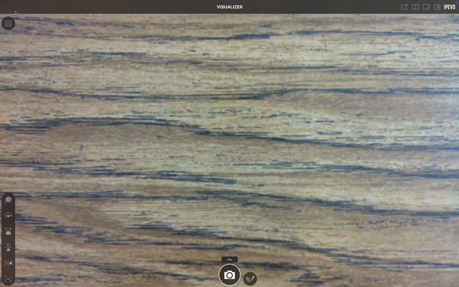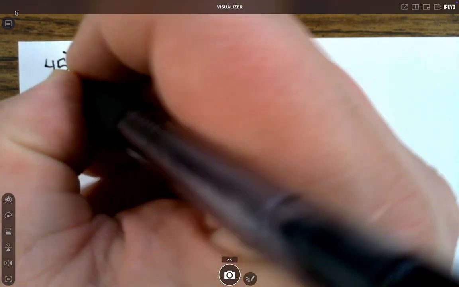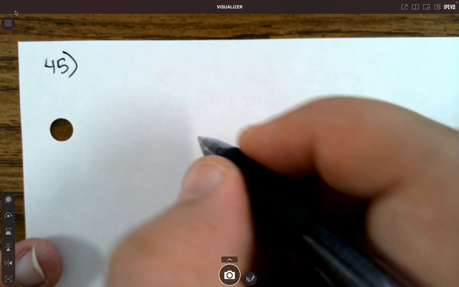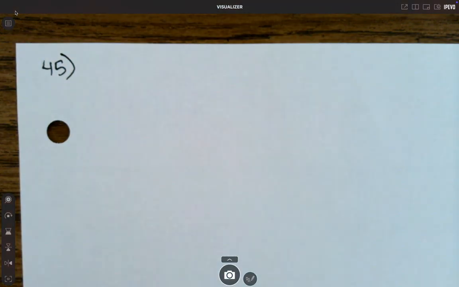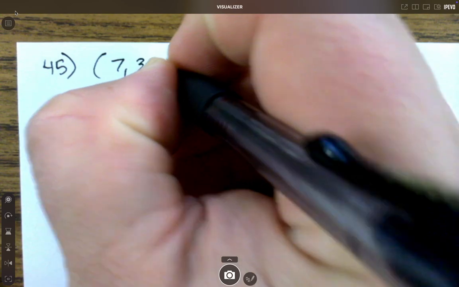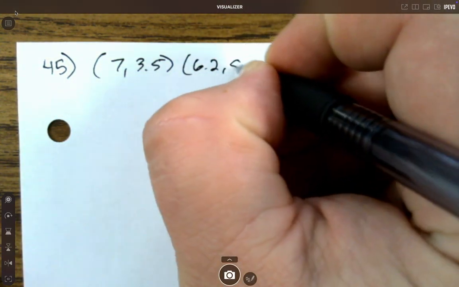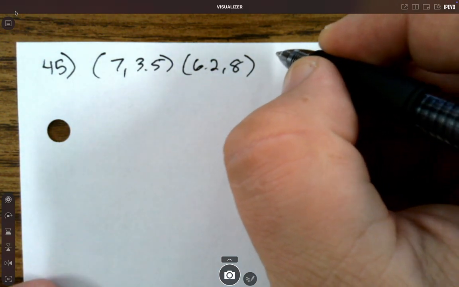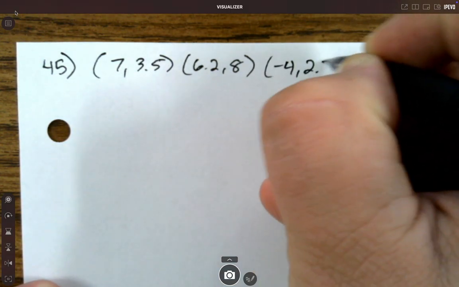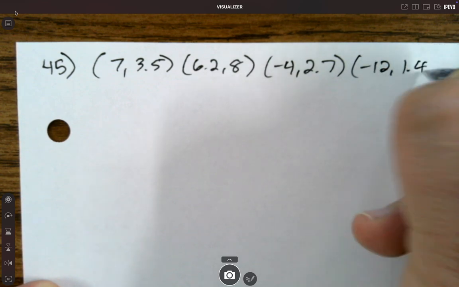Okay, then we move to our last section, section 7. Start with number 45. This is all about inverses. So find the, I think I'm just going to do them. So 7, 3.5, 6.2, 8, negative 4, 2.7, and negative 12, 1.4.